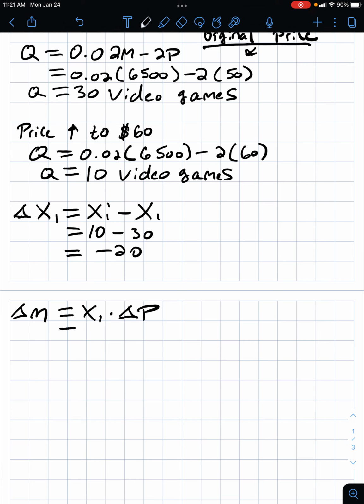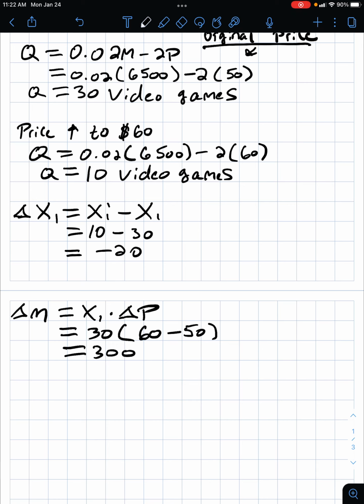So this is equal to 30, his original demand, times the change of price. The new price is 60 minus the old price of the video game, which is 50. So the change in income, if we plug this into a calculator, is 30 times 10, which is 300.